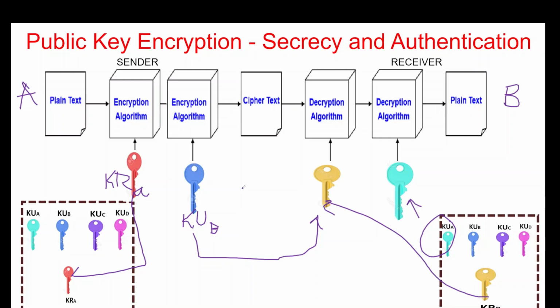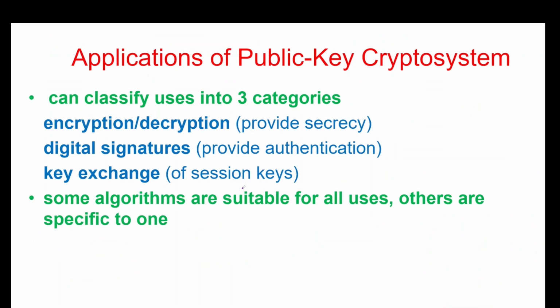First use the private key of the recipient to decrypt, then use the public key of the sender to decrypt and get the original message. So this is how the public key encryption system provides both secrecy and authentication, and the authentication factor is missing in your private key or symmetric key encryption system.